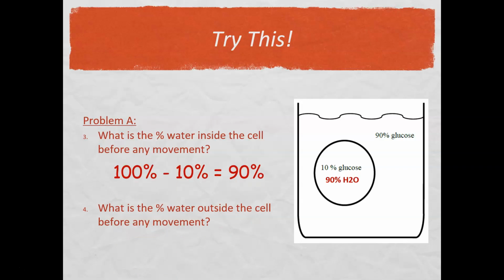Well, 100% solution minus the 10% that's being accounted for by the glucose means the rest of the solution must be water. And so I've got 90% water inside my cells. Let's go out into the beaker. Again, 100% solution, currently 90% of it is being accounted for by glucose. So 100 minus that 90% from glucose leaves us 10% water outside my cells.